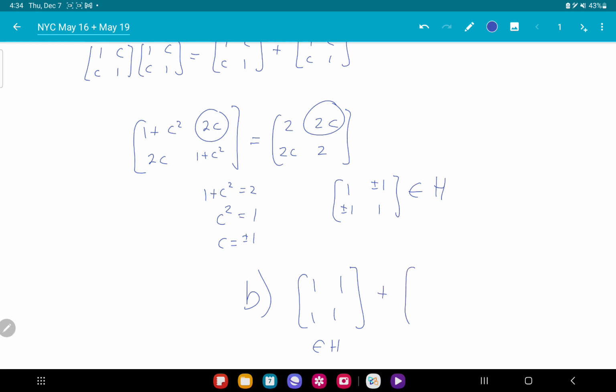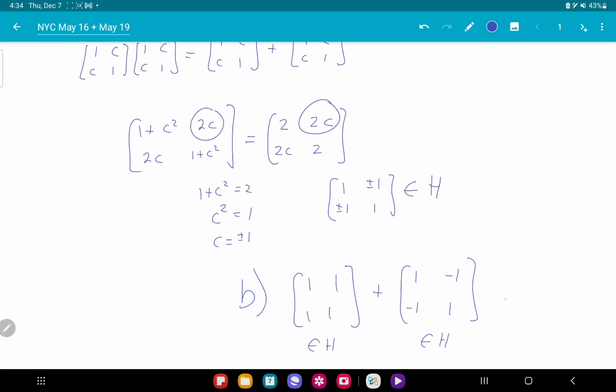Let's see what happens if I add the other guy. Okay, this is in H. So these two things are in H. That's what I found in part A. And if I add them, I get [[2, 0], [0, 2]].